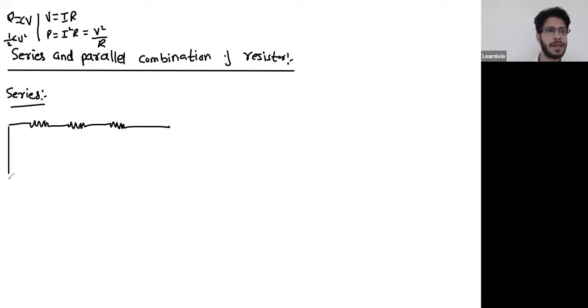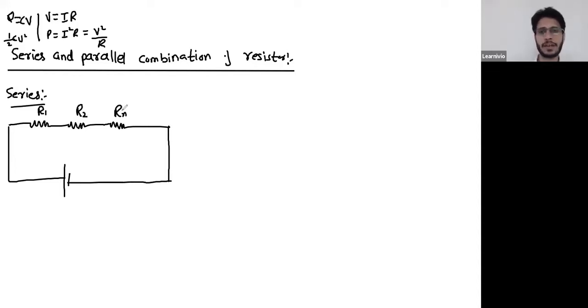So you have N resistors connected in series: resistor R1, resistor R2, up to resistor Rn, with a cell of EMF E. So Fatma, which quantity will remain the same in all three resistors? Current would be the same or voltage would be the same?